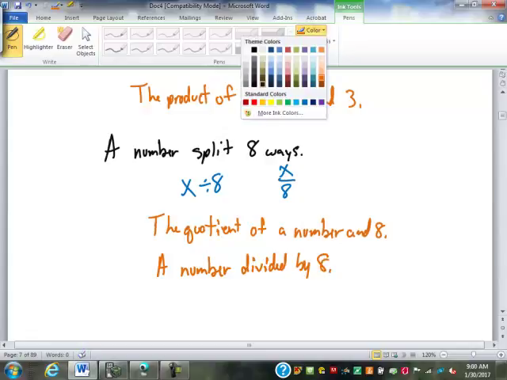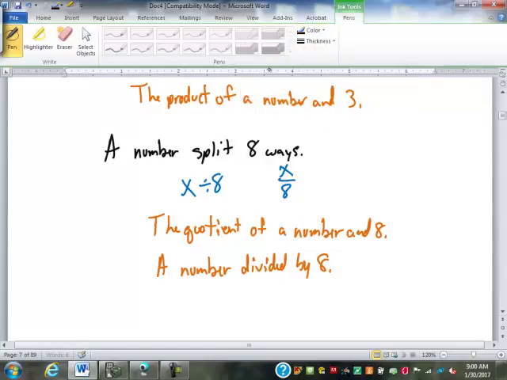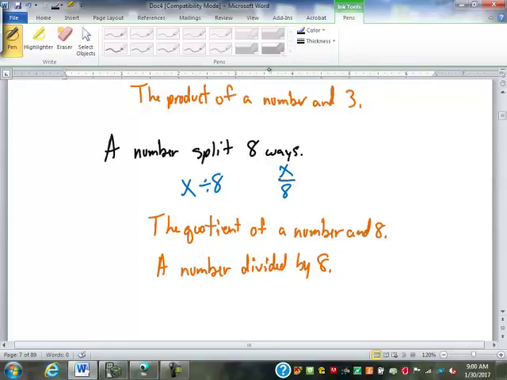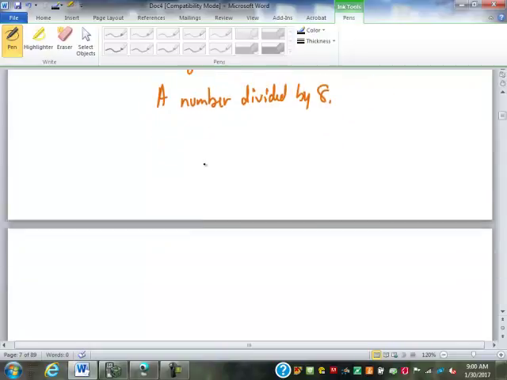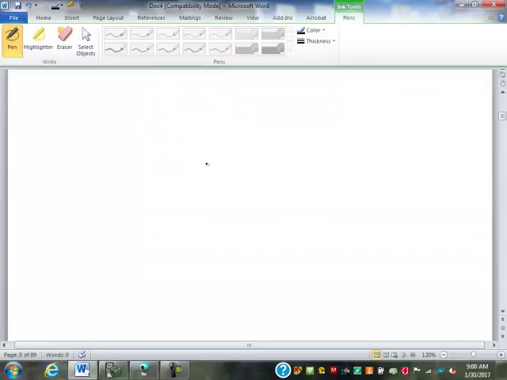A number over 8. 8 going into a number. There are several of them, again, that could mean a number divided by 8 or x divided by 8. Well, those aren't so bad because they're simple single operations. Where it gets to be more complex is when we add in multiple operations like this.